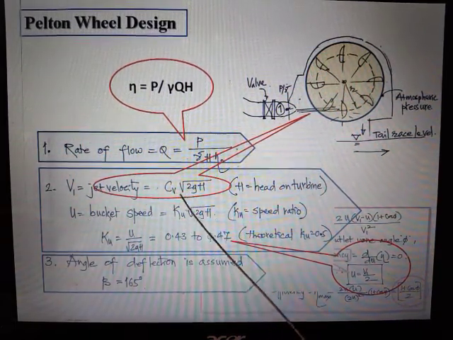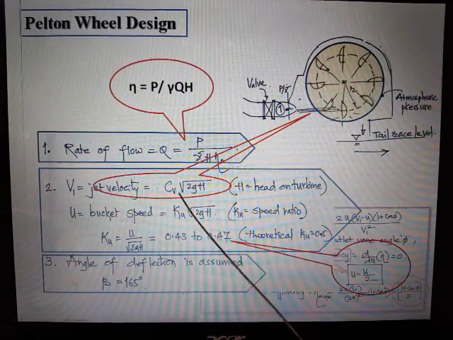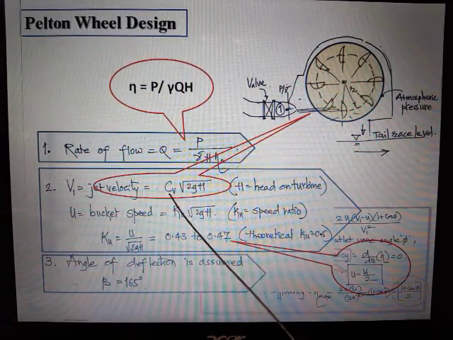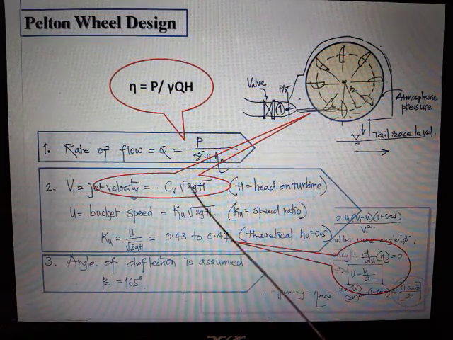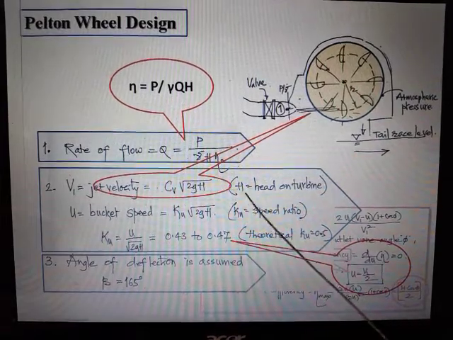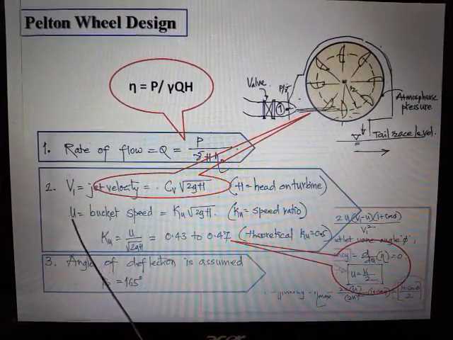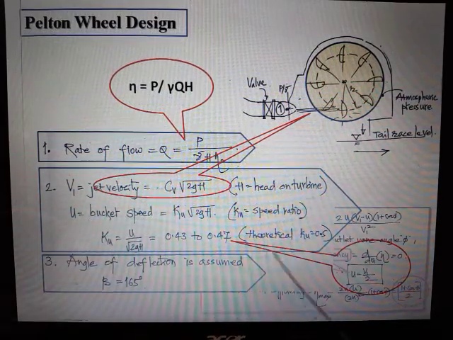The value will generally be of the order of 0.98 to 0.99. So Cv multiplied by root 2gH gives the velocity of the jet once you know the head on the turbine. Then what should be the bucket speed?